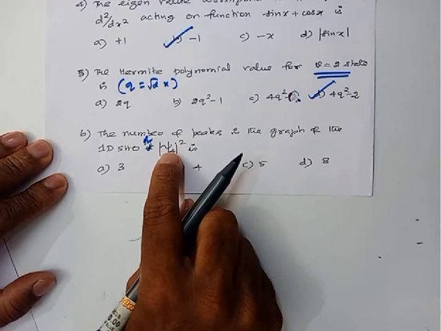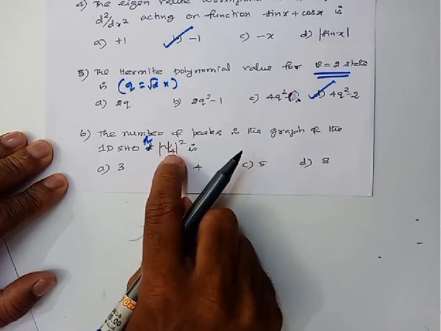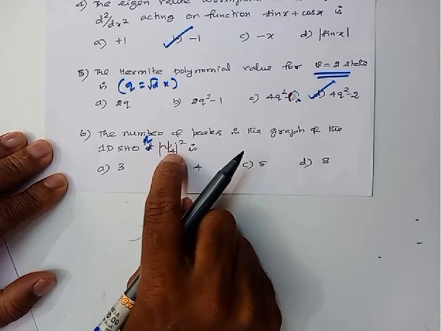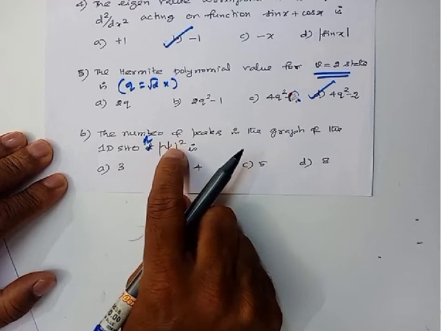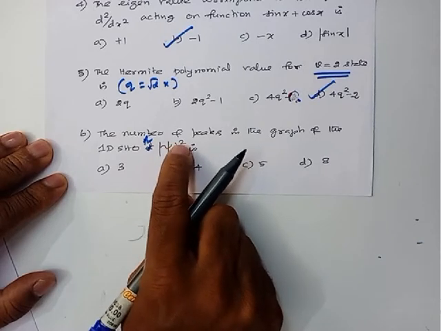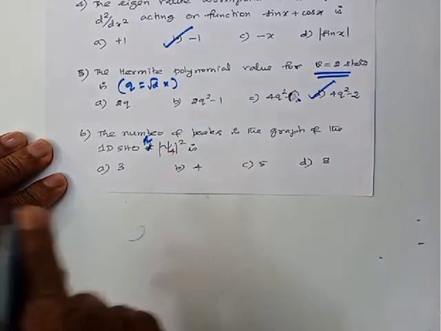What is psi 4? Psi 4 means the wave function for the v equal to 4 state, and take the square. If you plot this square function, the probability function, with respect to x, you will get peaks.